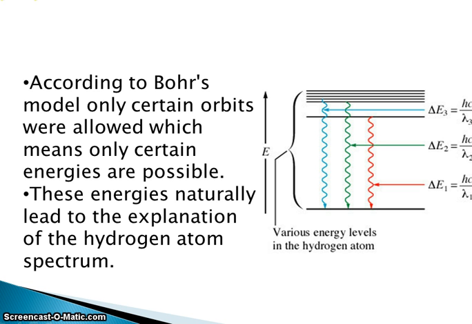But the ball will never be found in between steps. That's kind of like what we look at when we talk about the Bohr model for an atom. The electrons absorb particular amounts of energy. They move to excited state energy levels, and then they fall back down to ground state energy levels. But the electrons can never be found in between those particular energy levels.